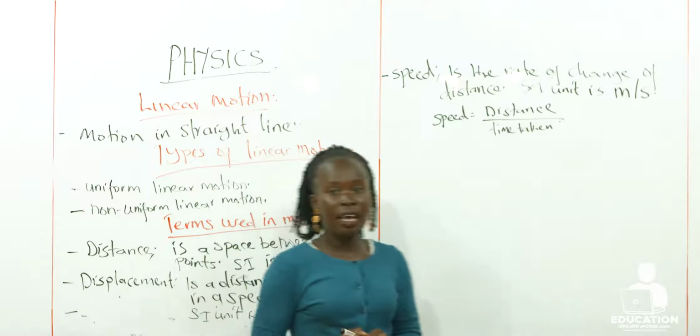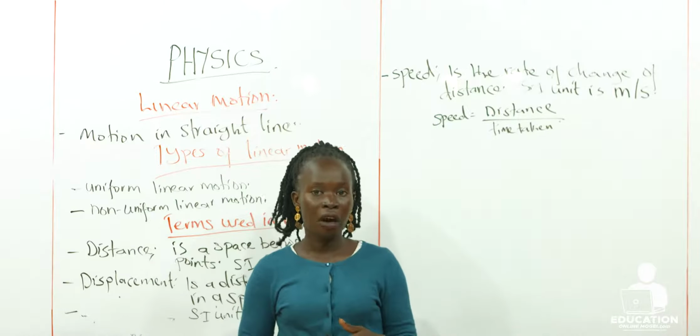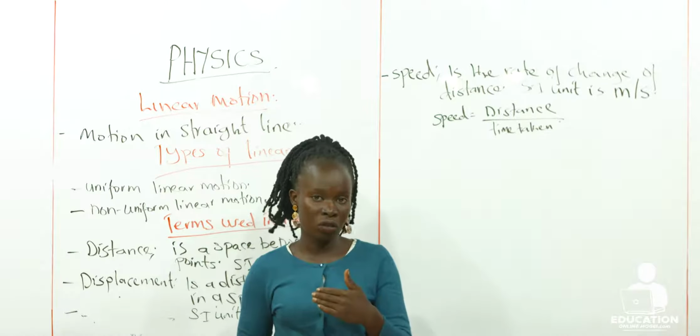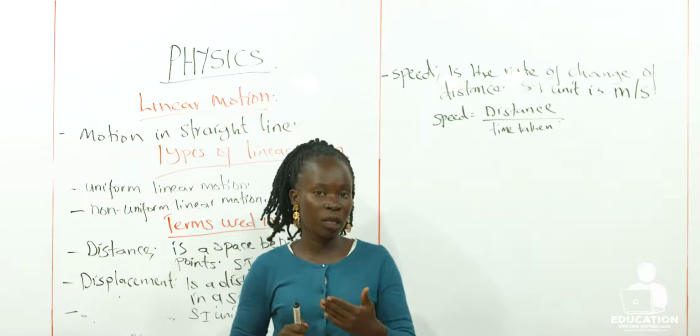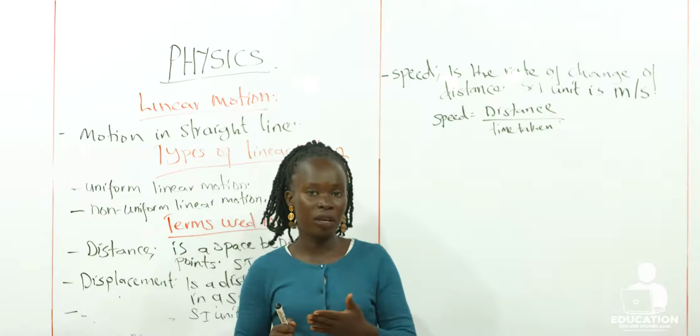It's like moving from your home to any nearby trading center. There is distance you're going to cover. For you to get the speed you walked with, you get the distance, how far this place is.